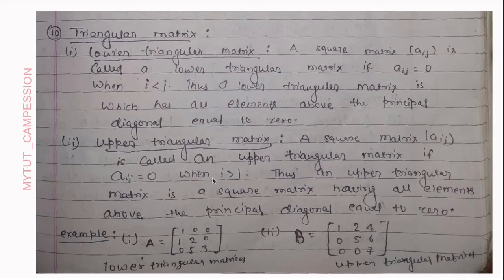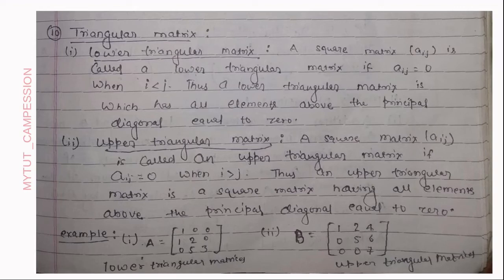Thus an upper triangular matrix is a square matrix having all elements below the principal diagonal equal to 0.